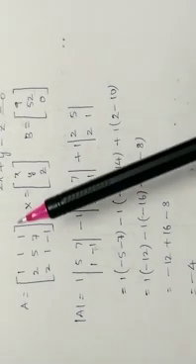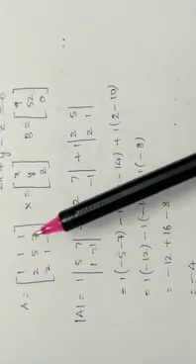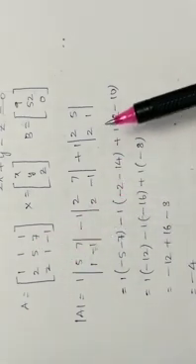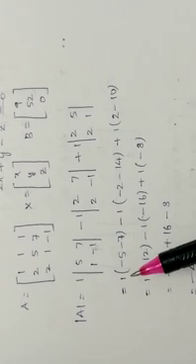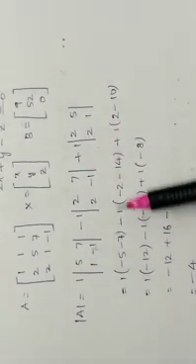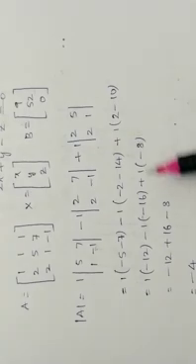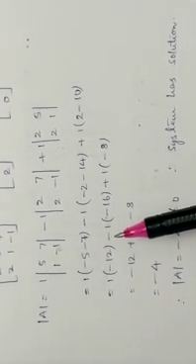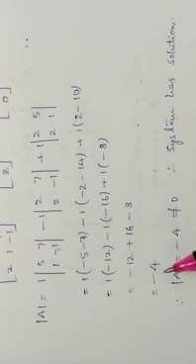Plus 1 into removal of row and column, 2, 5, 2, 1. So 1 into AD minus BC of all these 2 by 2 determinants, and the further simplification leads to det A equal to minus 4.